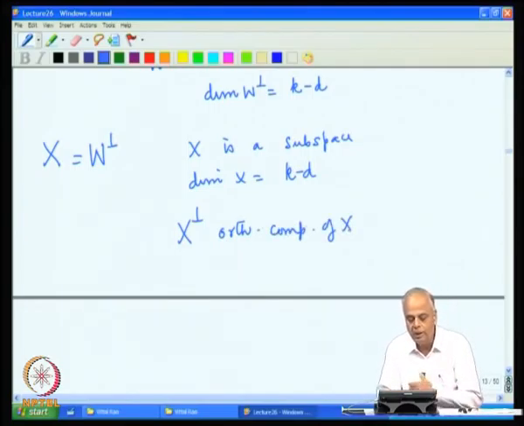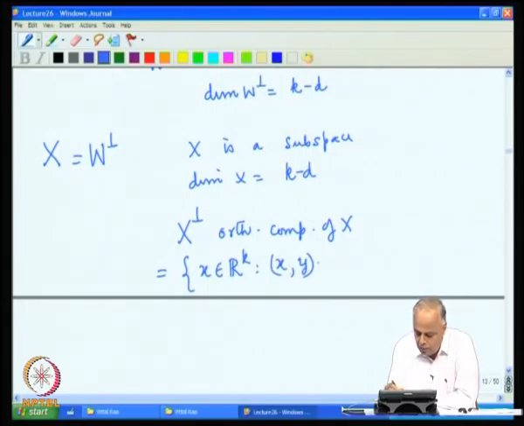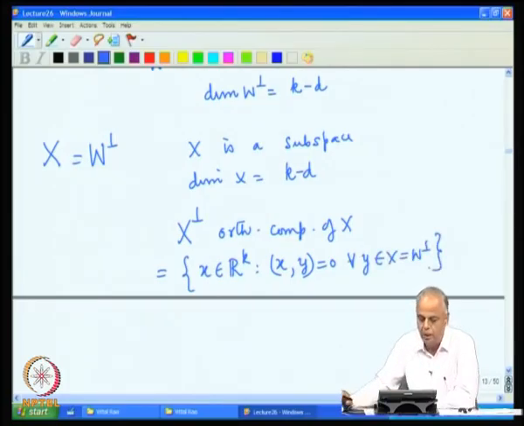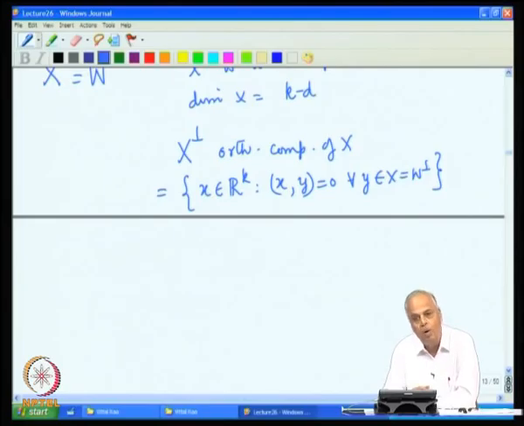Now, this is the set of all vectors x in R^k such that the inner product of x and y is equal to 0 for every y in X, which is W perp. So, in other words, X perp is the set of all the vectors which are orthogonal to all the vectors in W perp.